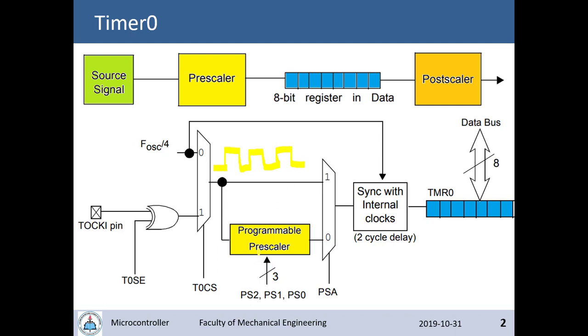If you set the prescaler to 1 to 2, then 2 pulses at the input will generate 1 pulse at the output of the prescaler. So it reduces the number of events generated from the input to the output.